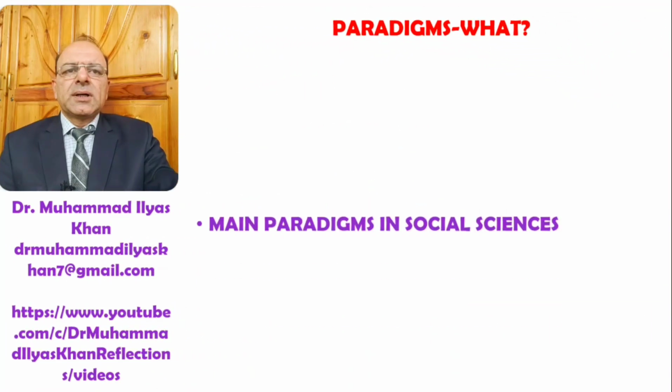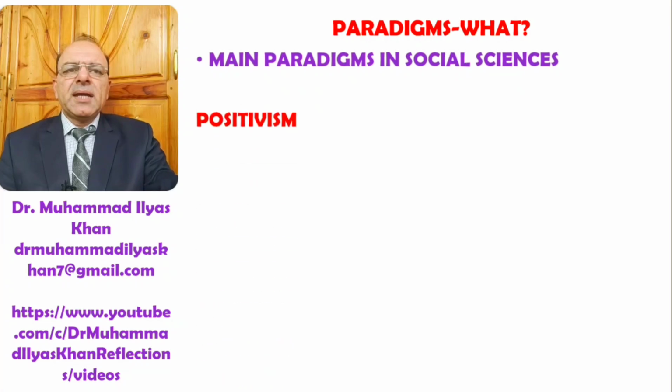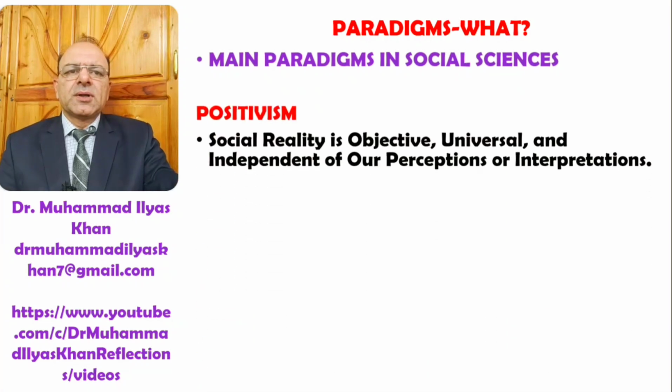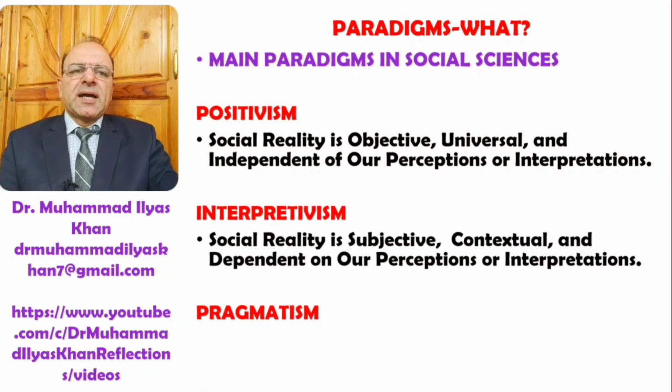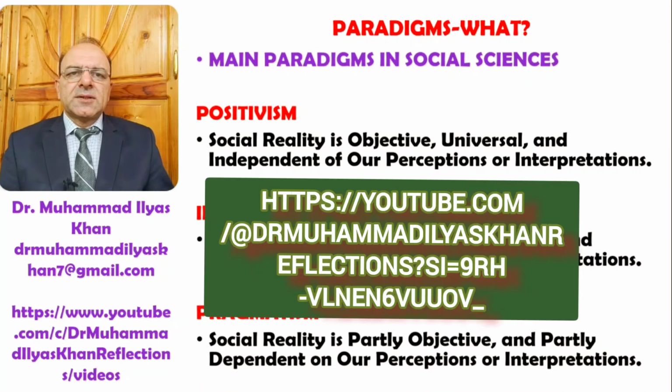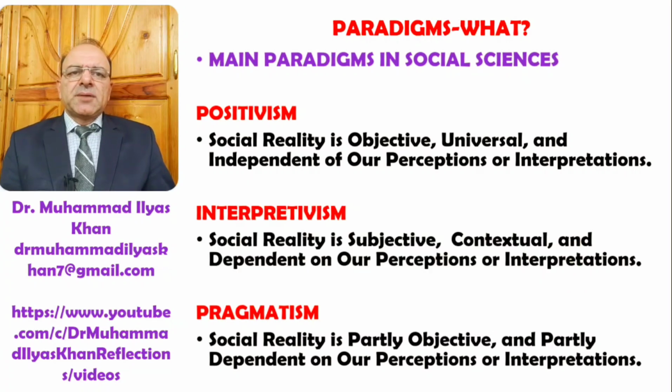So now the main paradigms in social sciences include, first of all, positivism. Positivism is a research paradigm, or you can say a research position, that is based on the belief that social reality is objective, it has a universal value, and it is independent of our perceptions or interpretation.